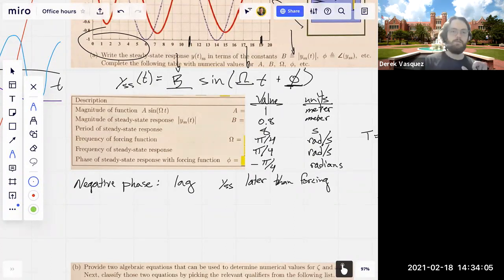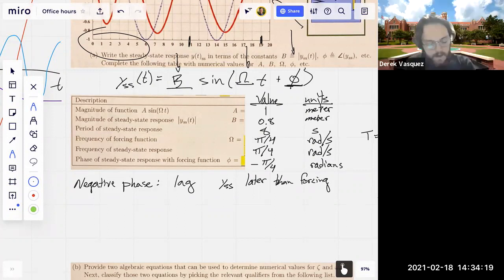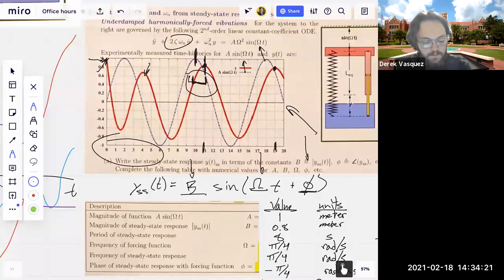Is that clear? Does that make sense, Ebony and Sarah Lynn? Could you say it again? Like you said, it lags because the position will be later. Yeah, that's right. Yep. So we can talk about our forcing function, so our force is increasing, right? It's positive, it's going up.